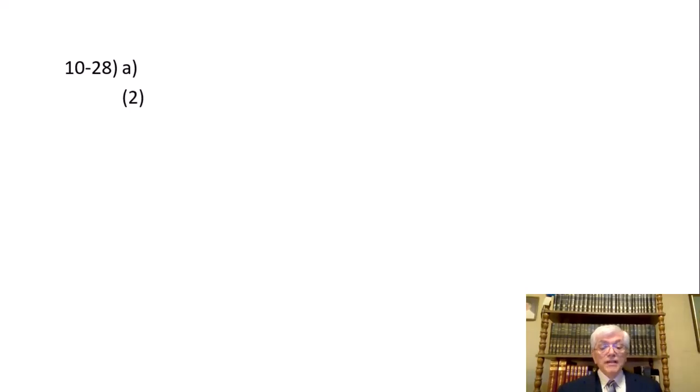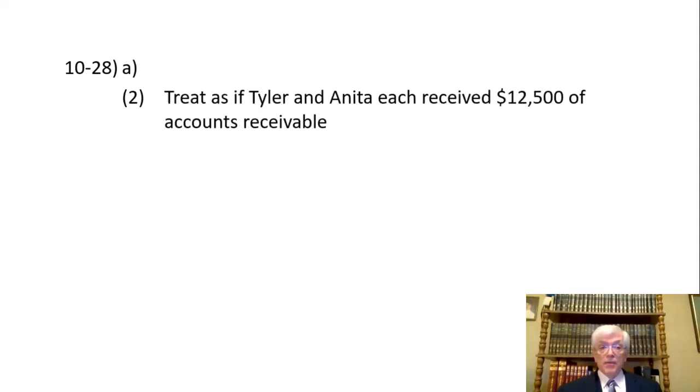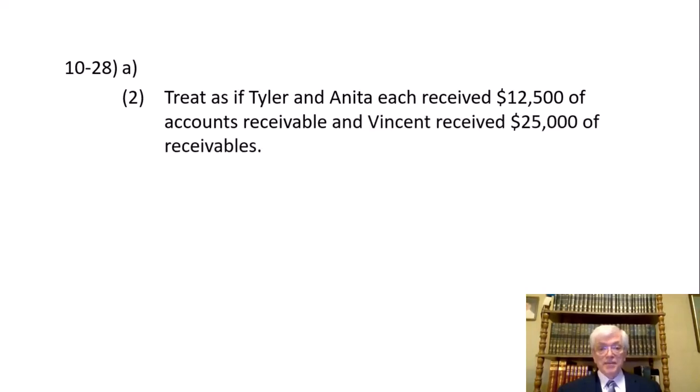Number 2, TAV distributes $100,000 of cash to Vincent, $50,000 fair market value of marketable securities to Tyler, $50,000 fair market value of accounts receivable to Anita. Well, now, Tyler and Anita, we're going to have to pretend they got $12,500 of those accounts receivable that all actually went to Anita.